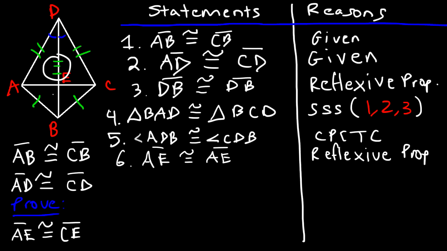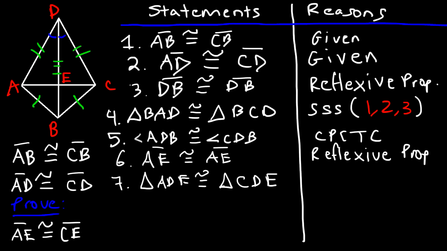So we don't have to remark this symbol. So now, in step 7, we could say that triangle ADE is congruent to triangle CDE. And the reason for that is we have a side, an angle, and a side. So it's based on the SAS postulate.